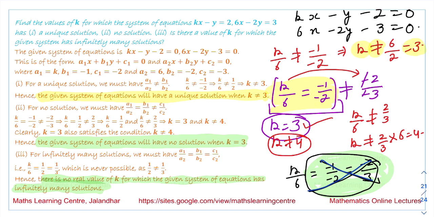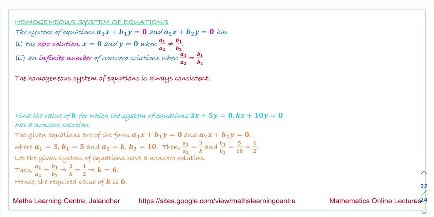Now next we have the homogeneous system of equations. Homogeneous means the constant terms are 0, that is, c1 is equal to c2 equal to 0.